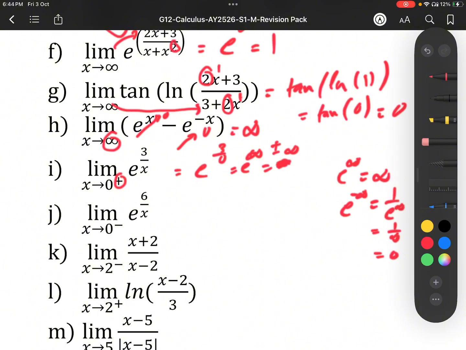So what we do is, 0 from the right means positive. So 3 divided by a positive number, very close to 0, is positive. So e to the power positive infinity, not negative infinity, and the answer is infinity.